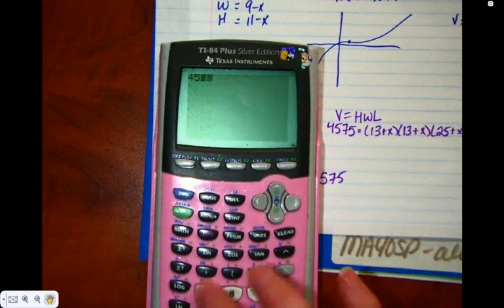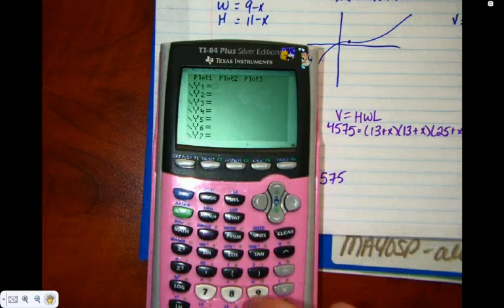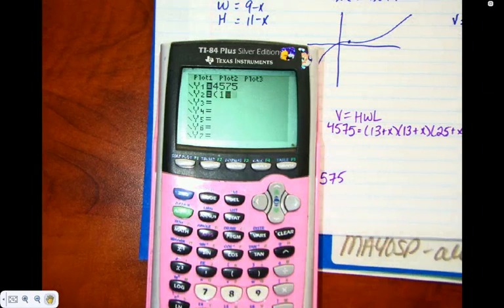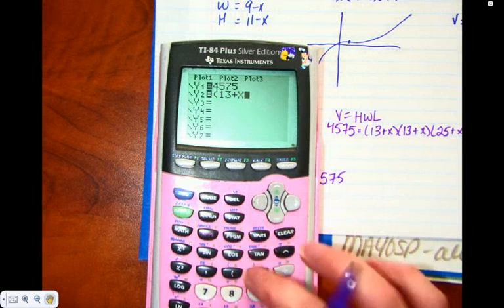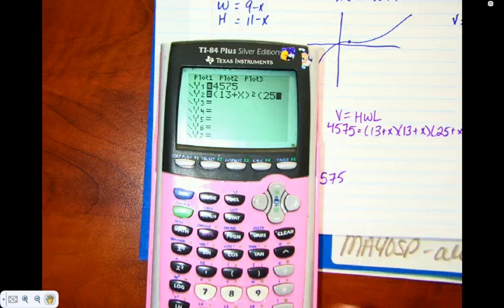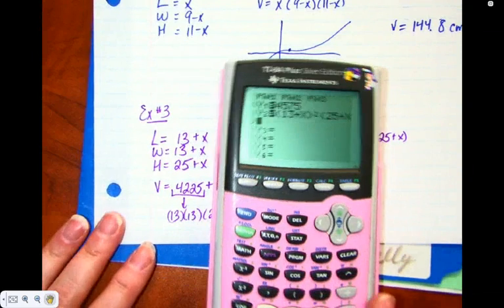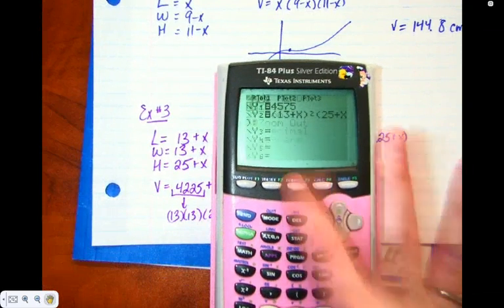Okay, so 4575. Oop, helps if I'm in y equals. 4575. 13 plus x. 25 plus x. Let's try a zoom fit.